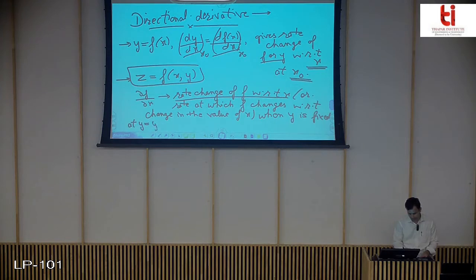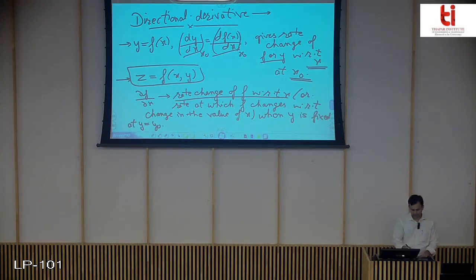y naught. So this was the thing we did about the partial derivative of f with respect to x, that it gives you the rate at which f changes with respect to x when y is kept fixed at y equals y naught.